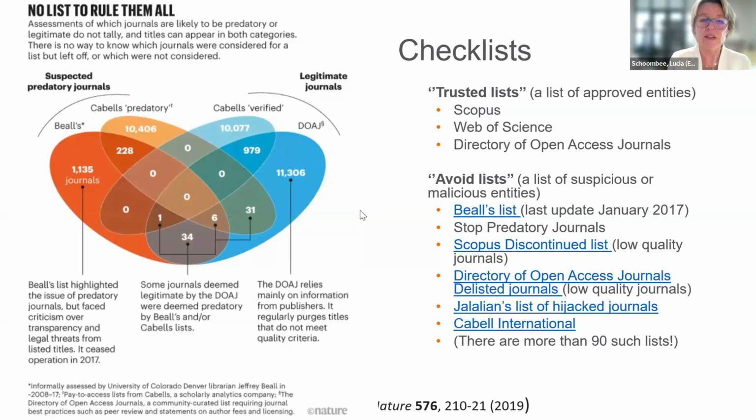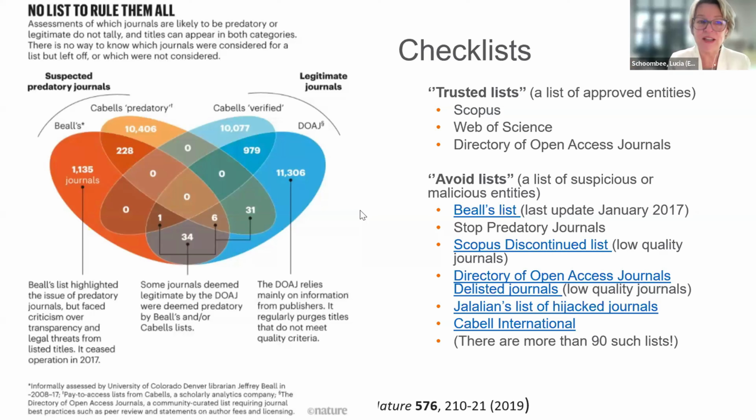We have lists like Scopus. As you saw, Scopus journals go through a selection process, a quality process. Web of Science journals also go through that, so they can also be trusted. The Directory of Open Access Journals also checks their journals before they list them to make sure that they are not predatory.